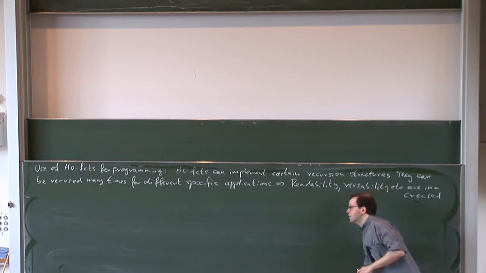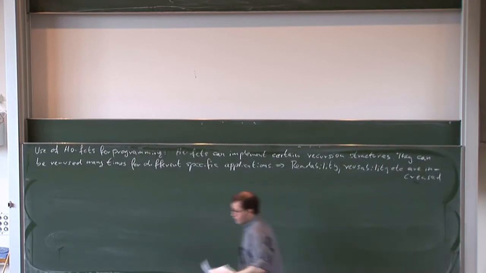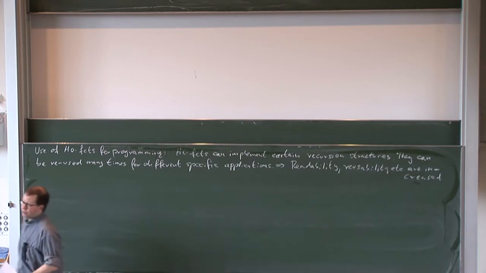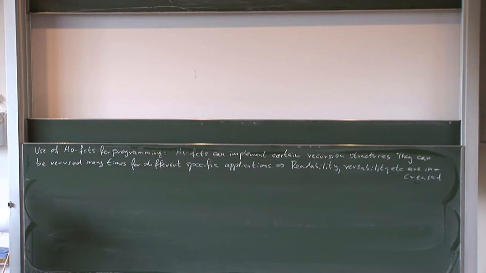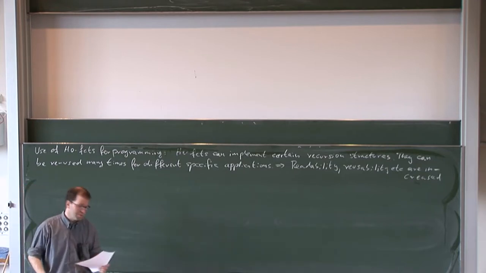And to show you what I mean, I will now show you 3 examples of common algorithms which operate in the same way, and we try to abstract the general principle out of these algorithms and implement this general principle on its own by a higher order function, and then you can see that these specific algorithms can then be implemented in a much shorter and much more readable way.